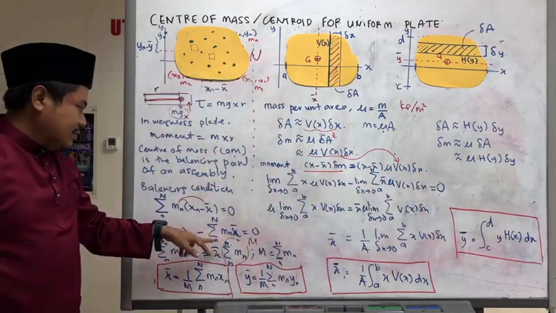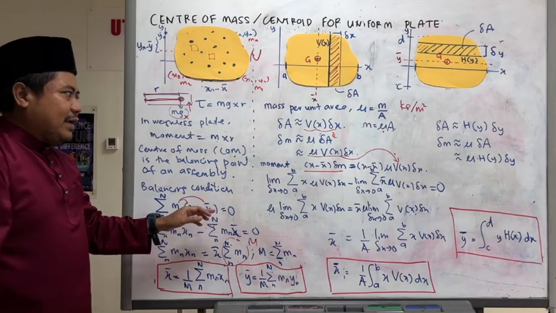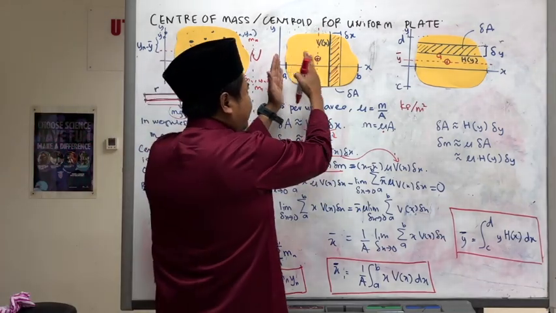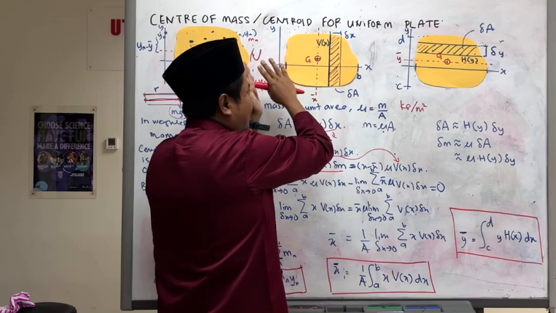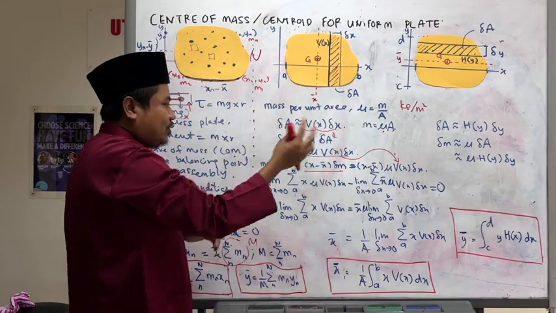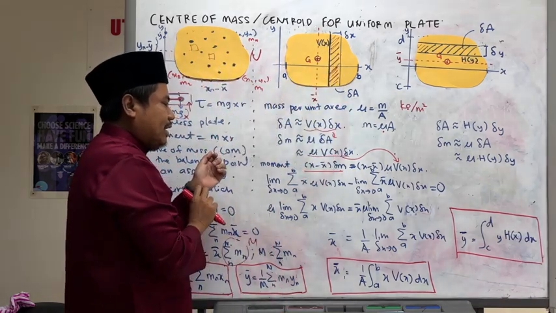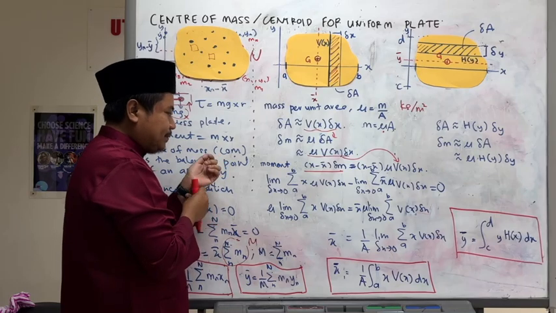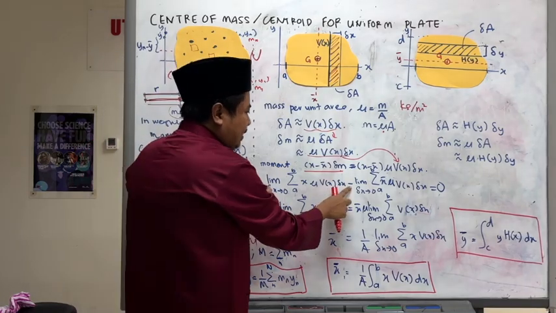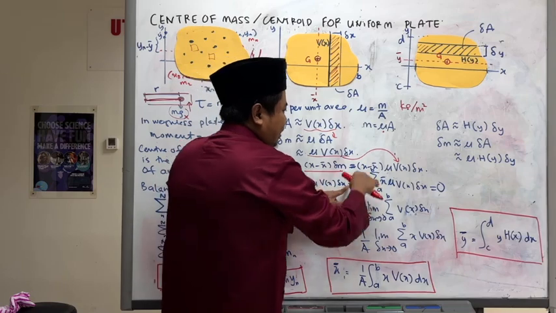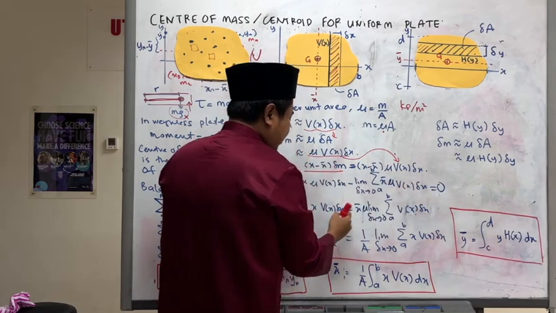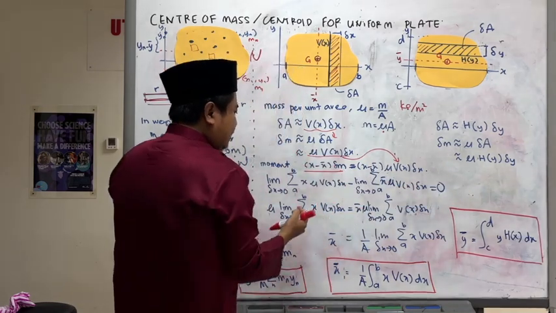Similar to this, the total moment of all the strips must be equal to 0. So we have to set it as an equilibrium condition. Then you see this is negative, we can put it on the right side, so that's why we have an equivalence here.